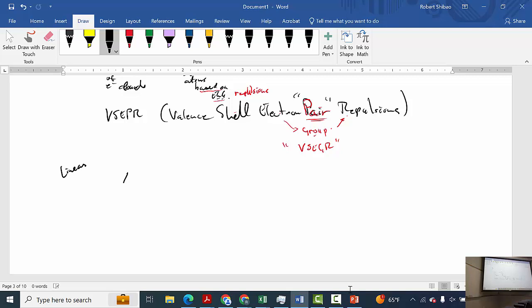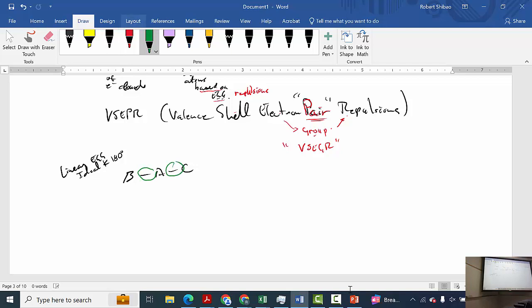So let's look at the scenarios that we're going to run into. The simplest would be when we have a linear EGG. What is the ideal angle? 180. And so we might have a BAC, something like that.